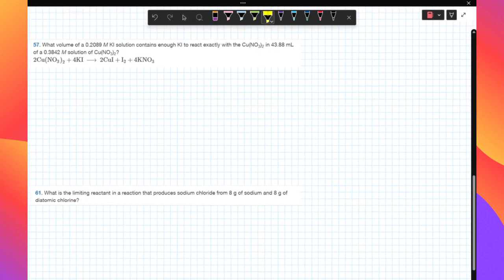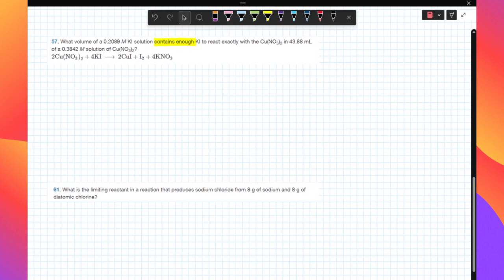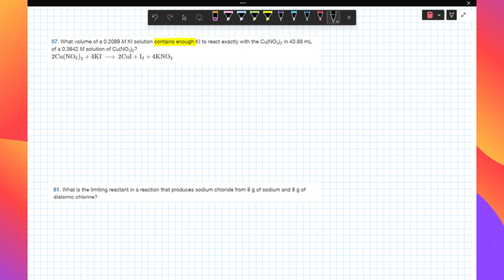So the language here, containing enough, suggests that this is a limiting reactant problem. And we can infer from this language that potassium iodide, KI, is going to be our limiting reactant. So we can guess that we have an excess of copper nitrate.